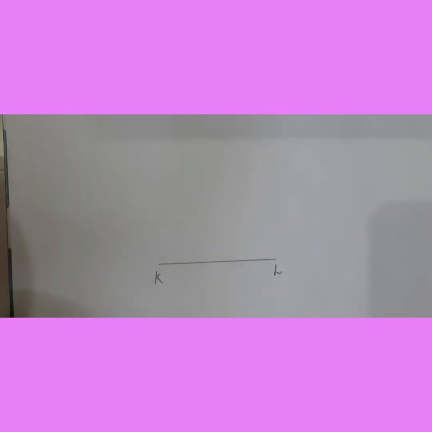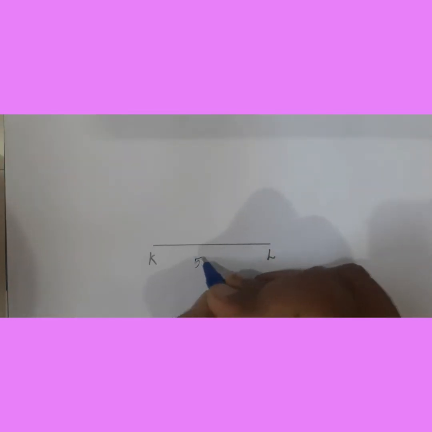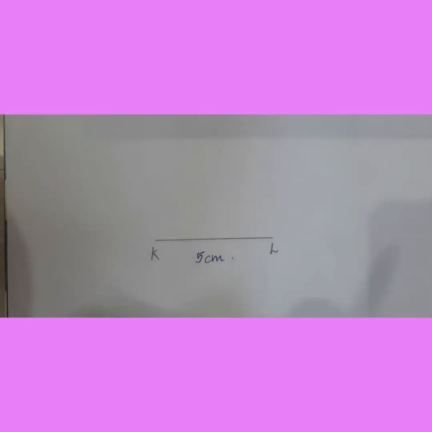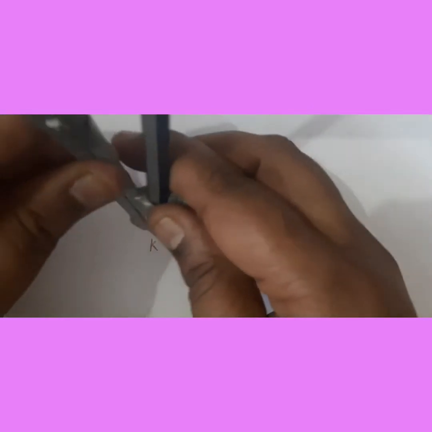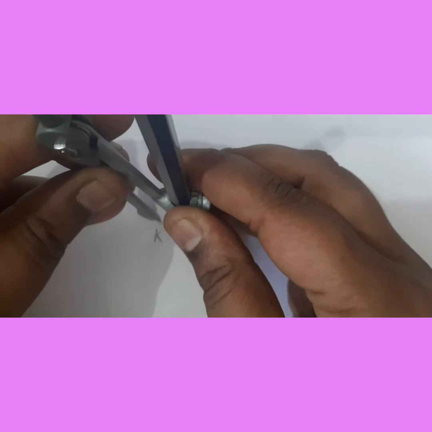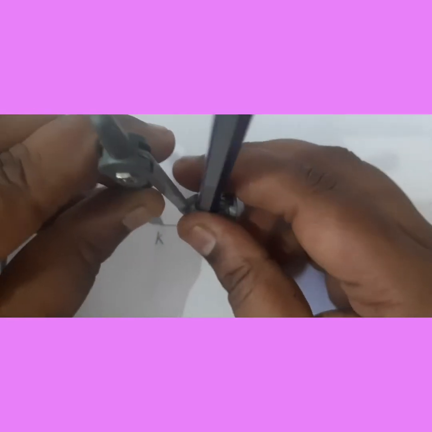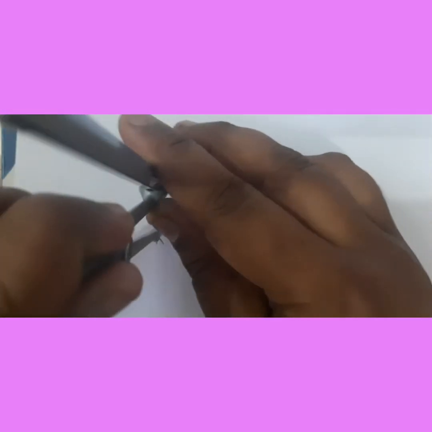So, K is given. Now to find out the angle, take the compass. Okay. Take one arc, protractor arc.